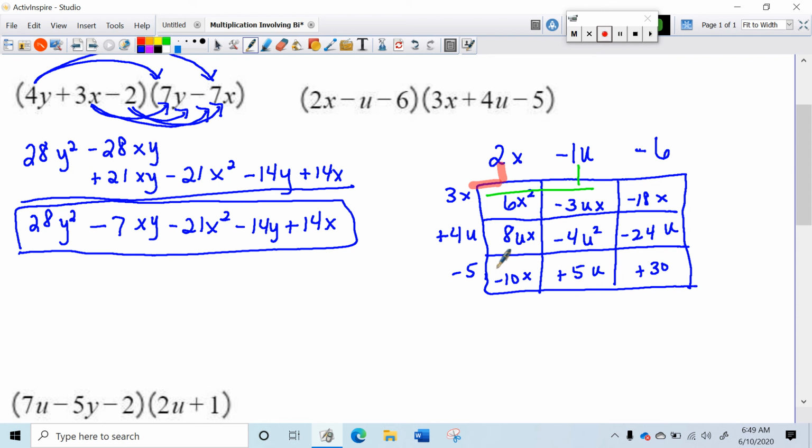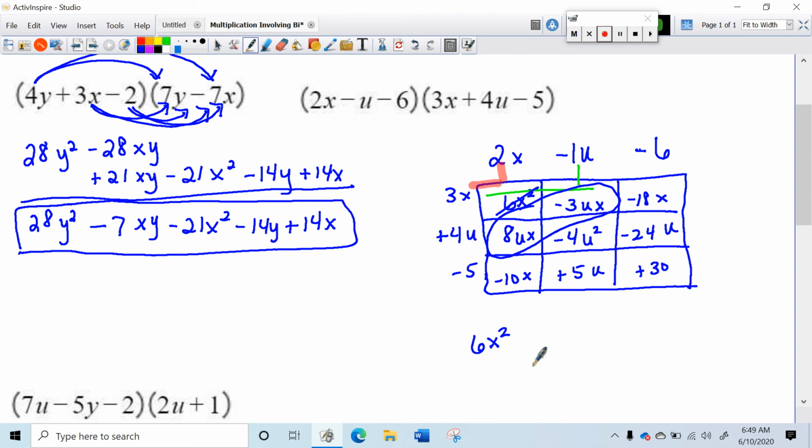Now I want to look. I'm just going to write these down one at a time and combine if I can. So there are no more x squareds in this box. So 6x squared. That one's gone. Okay, the ux's right here. We can combine those.